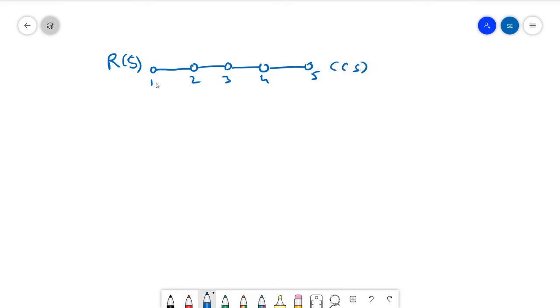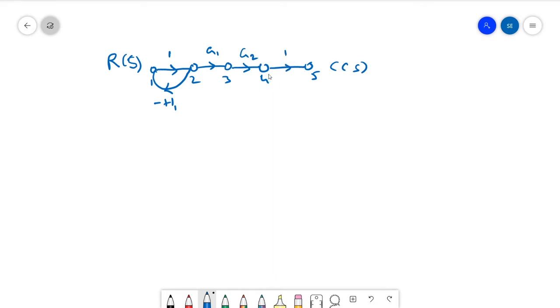We'll take a feedback loop here. The important thing is you have to see the direction of how the signal is flowing, because based on the direction you will be calculating the gains. I'll take this gain as 1, this gain as G1, this gain as G2, this gain as 1.